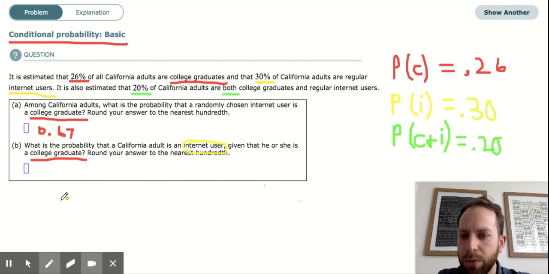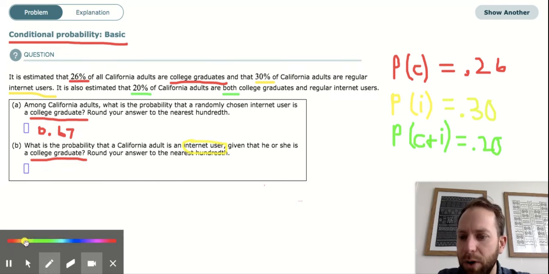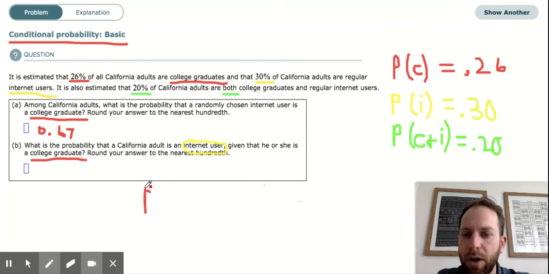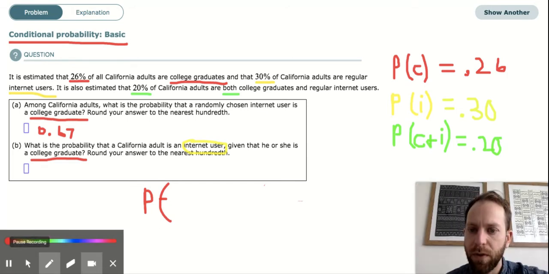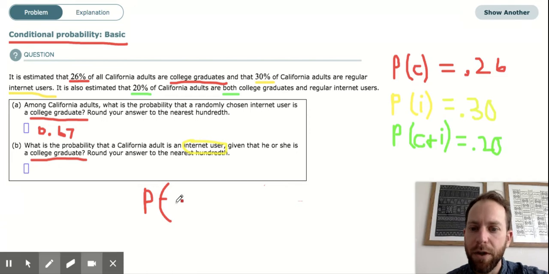So what we're going to do is when we set up our problem, we're finding the probability of them being an internet user given C, the fact that they're a college graduate.